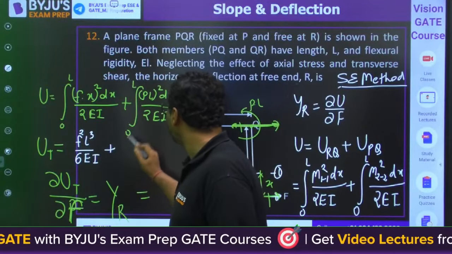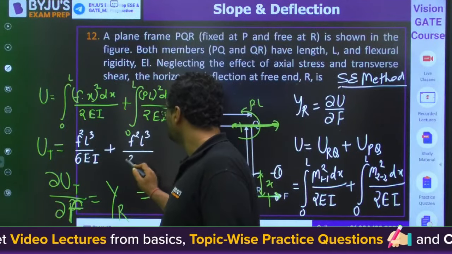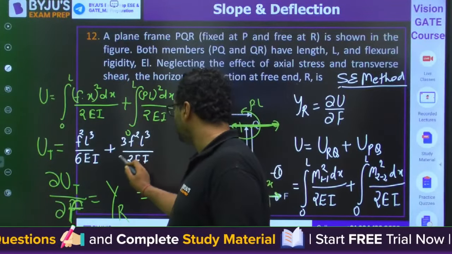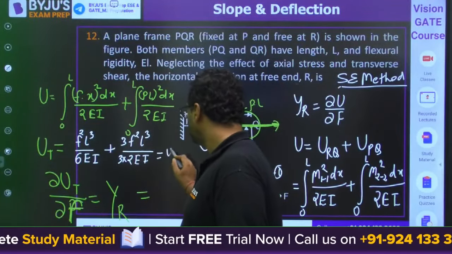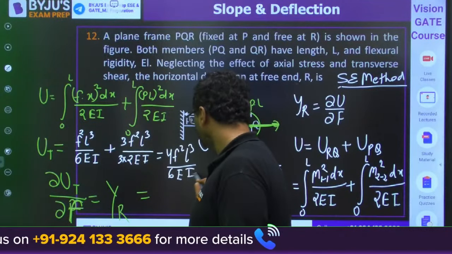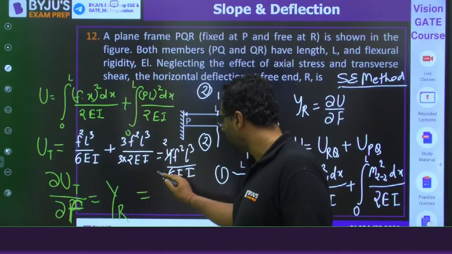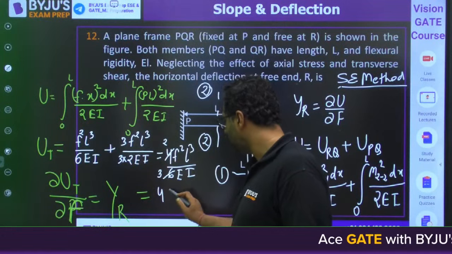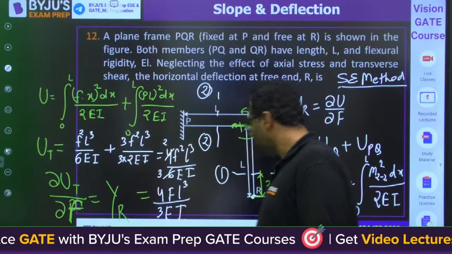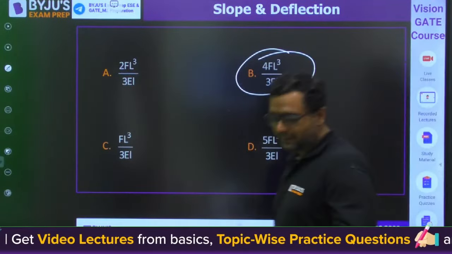Then P square, okay, F square L square. Multiply by 3, divide by 3. Two by 3. B is correct.